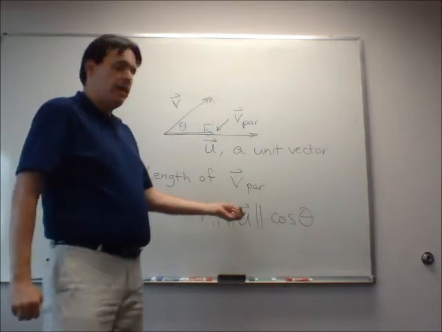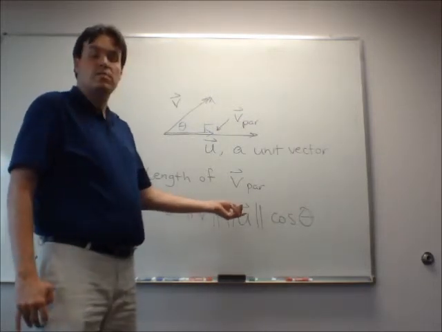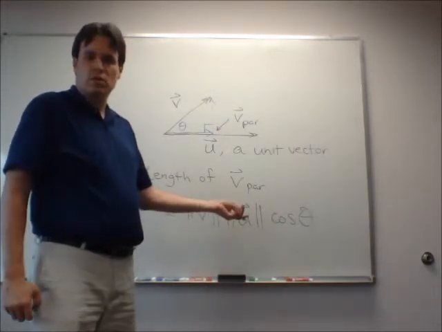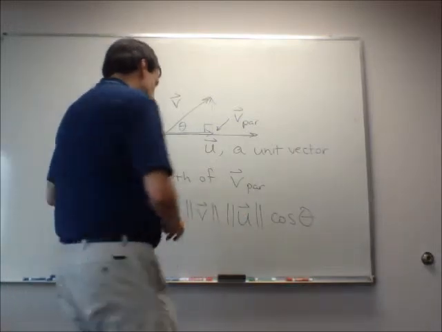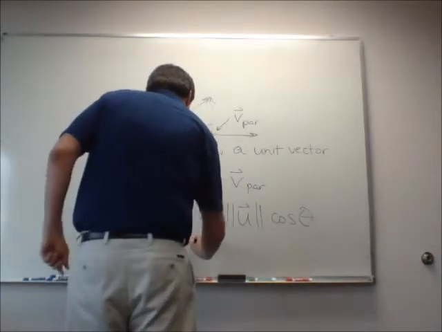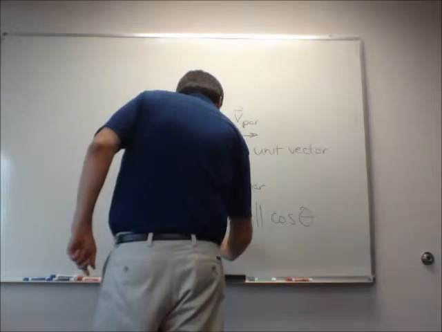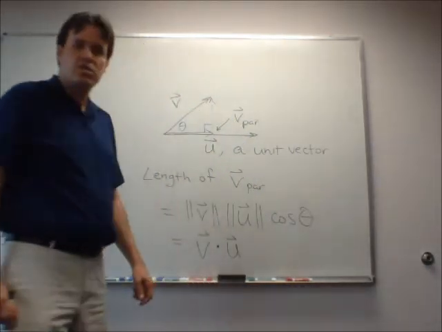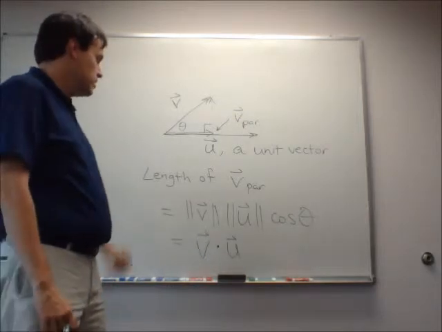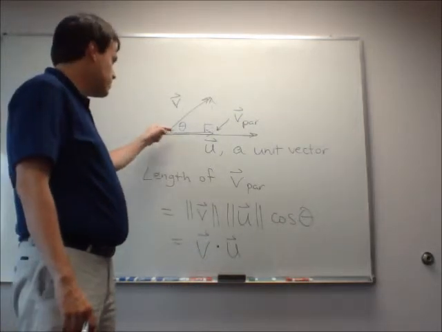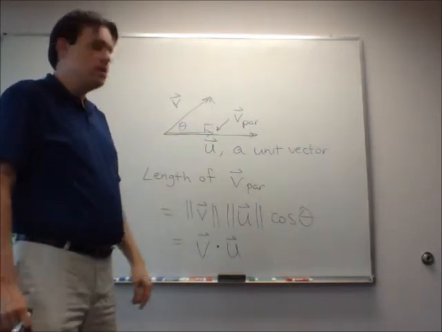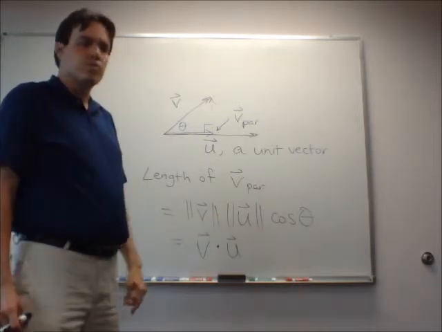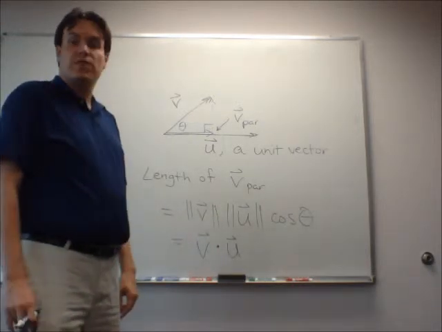Multiplying by this doesn't matter because the magnitude of this vector is 1. Now that's exactly equal to v dot u by the geometric formula for dot product. That means that the length of this blue vector is equal to v dot u. Okay, that doesn't tell me what the vector is though.